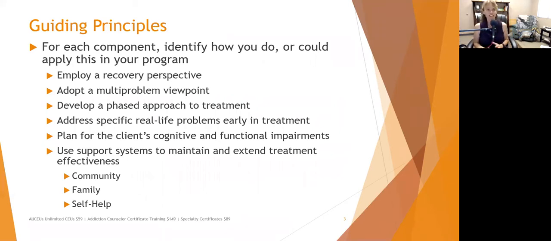But it was a step down because they went from that sanctuary, if you will, of residential, where all they had to do was focus on what was right in front of them, to dealing with recovery and some post-acute withdrawal issues and life, however it was being thrown at them. So a phased approach to treatment helps people solidify their treatment goals.